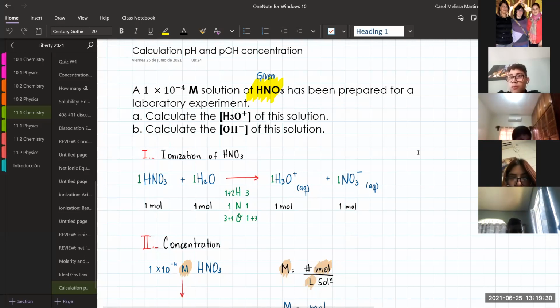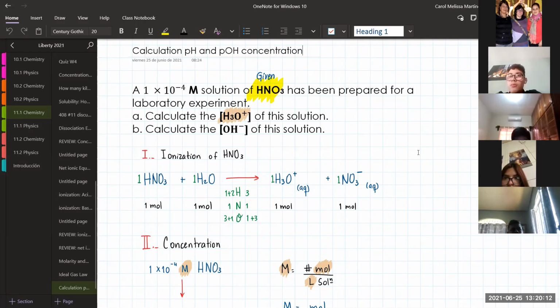And the problem is asking you about hydronium ion concentration and hydroxide ion concentration. Now, we're going to focus on the given and the unknown, mostly in the first part, okay? If I relate my nitric acid with my hydronium ion, I will be relating this part of the equation.